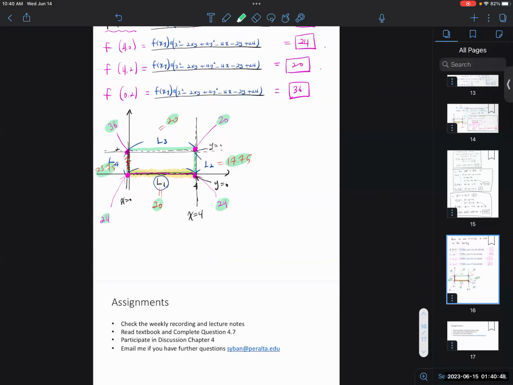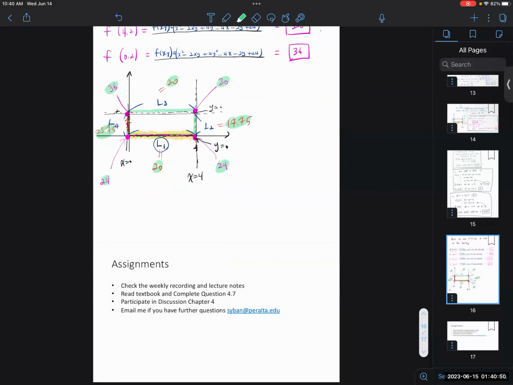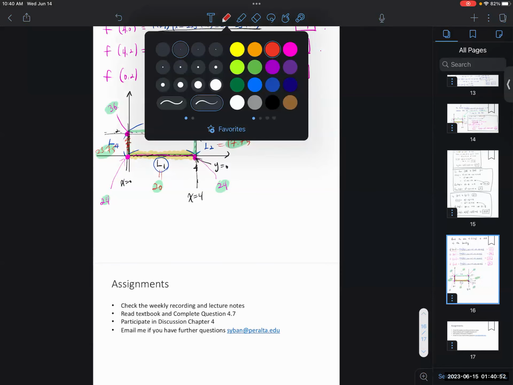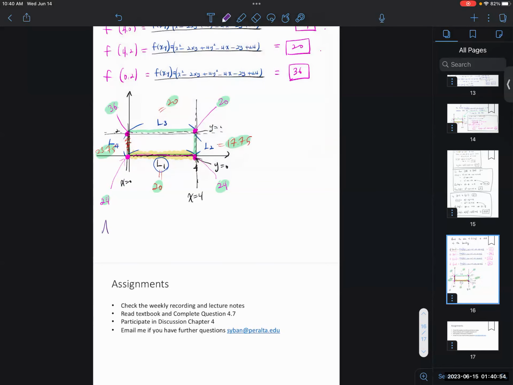So my conclusion is here: the largest number, the absolute max, is going to be 36, at (0, 2). So this is the absolute max within the boundary.